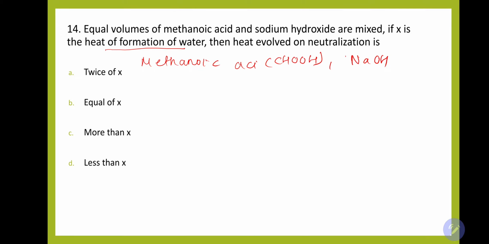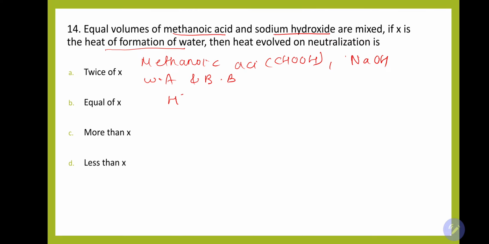Now they have asked you that both methanoic acid and sodium hydroxide are mixed in equal volume. Okay, now when the neutralization is going to take place, so weak acid and strong base neutralization is how?